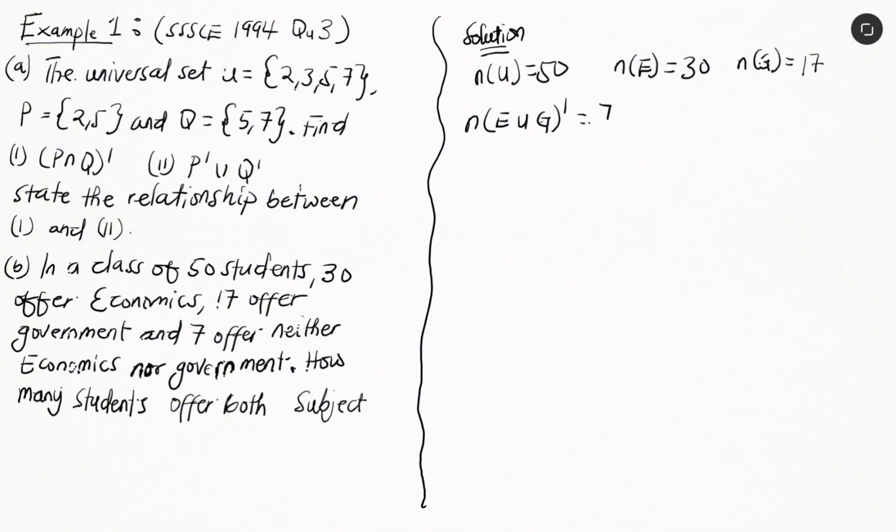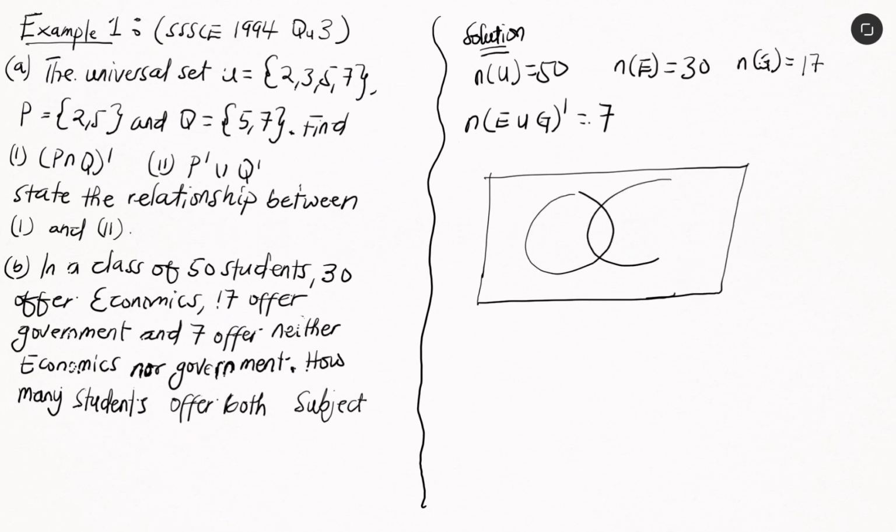That is equal to 7. That is how we represent that, since the students don't offer any of the subjects. So it becomes (E union G) prime, and that is 7. From here, we can go ahead and try to find the number of students that study both subjects. So let's represent our information on a Venn diagram.